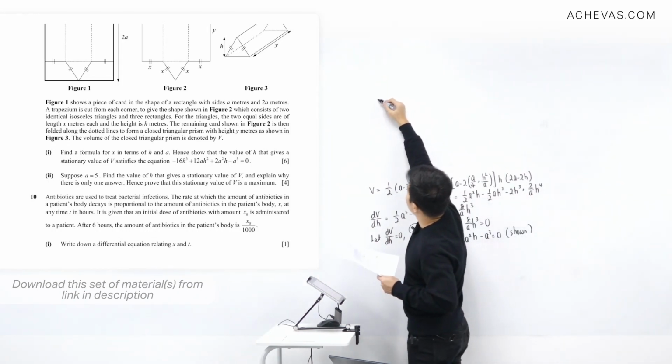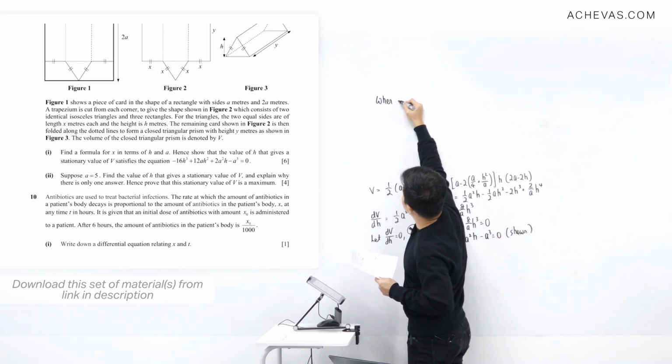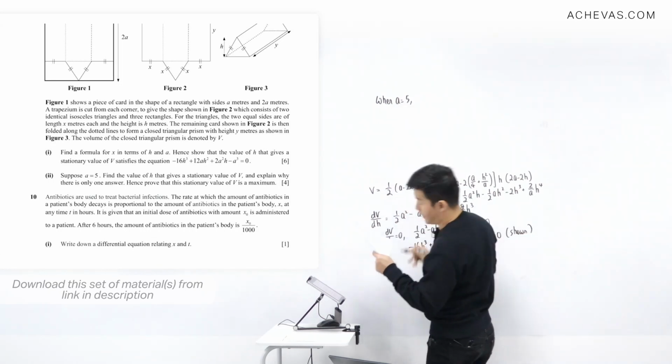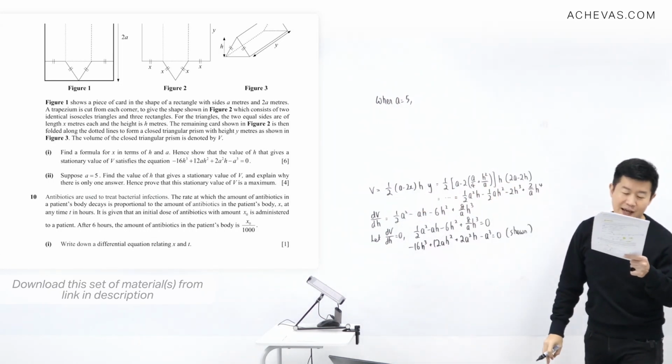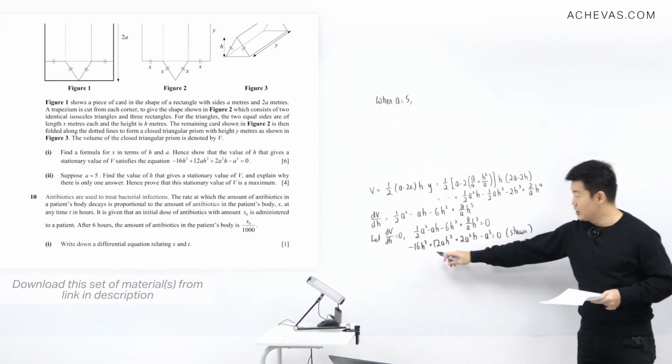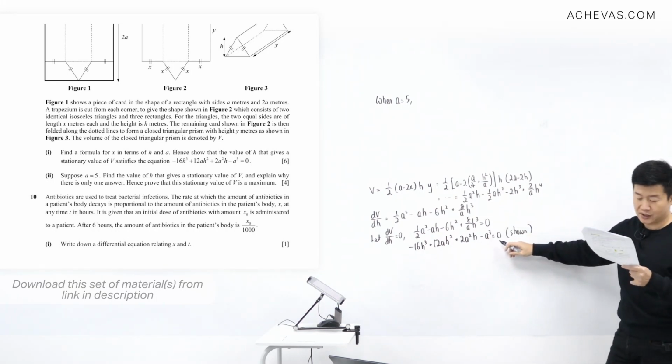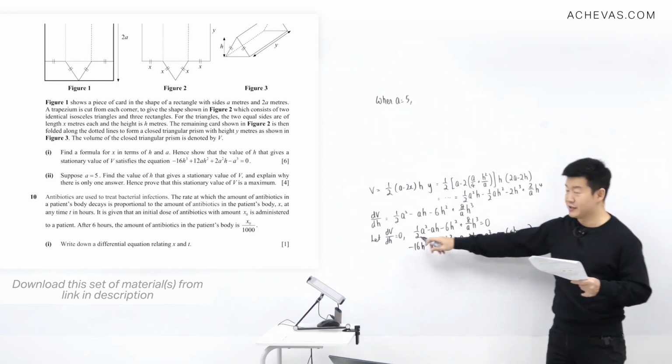Okay, so according to what the question says, next, when a is equal to 5, we are going to try to solve for h by making use of this equation. We are going to be finding the value of h that causes v to be stationary.